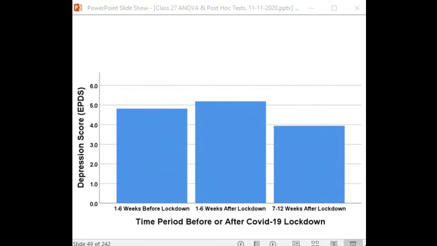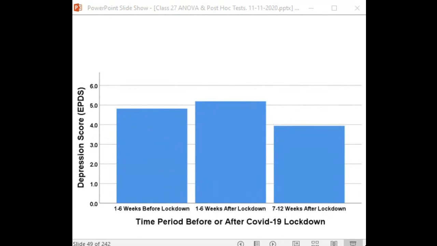The bar in the middle shows average depression scores of women during the time period 1 to 6 weeks after the shutdown. So these two bars on the left are the same ones we saw a moment ago when we were reviewing the t-test. But the bar on the right is new.